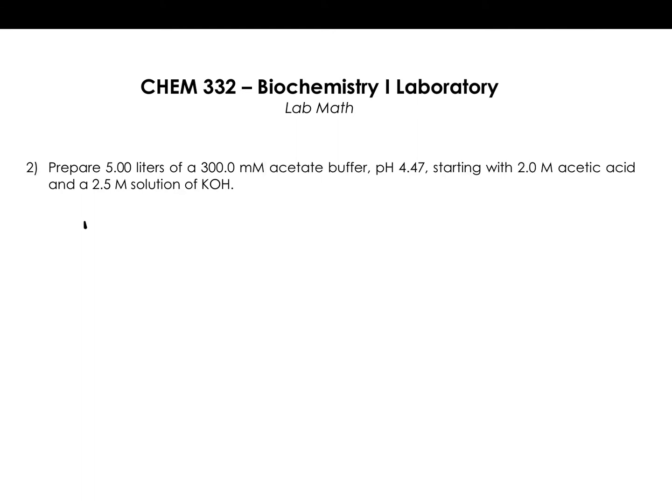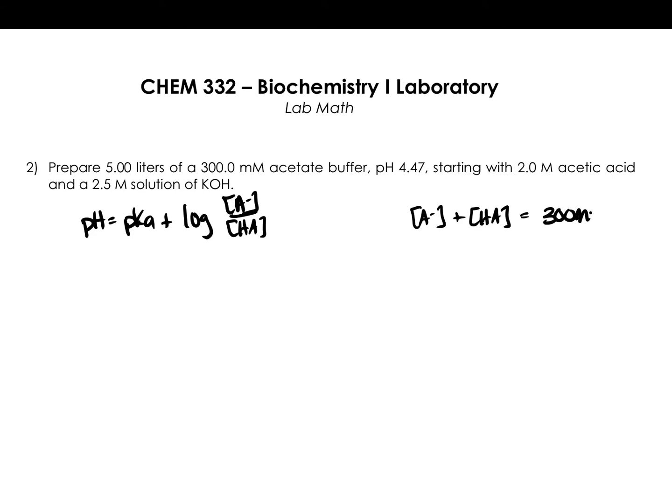So again, pH equals pKa plus the log of A- over HA. And then our second equation is A- plus HA is going to equal 300 millimolar. The pH that we want this solution to be at is 4.47.